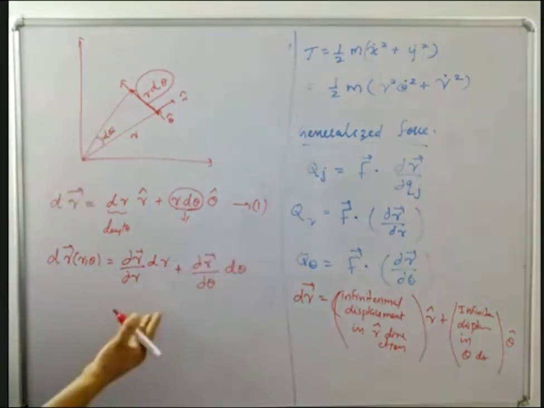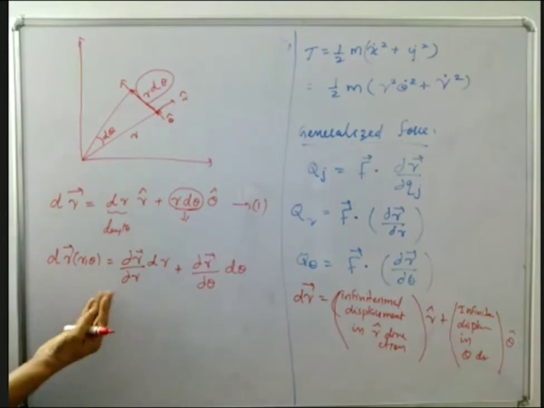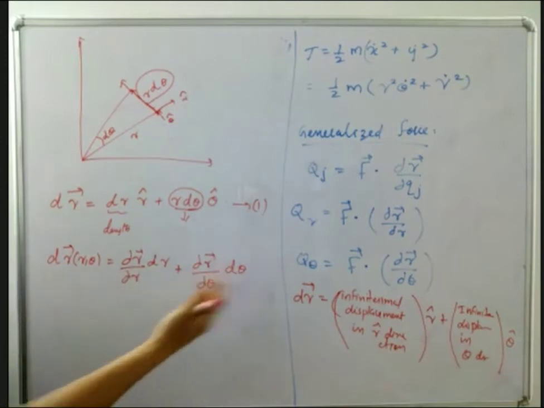This is just the chain rule from partial differentiation. If you have a function of x and y, df is equal to dou f by dou x into dx plus dou f by dou y into dy. We have used the same thing.